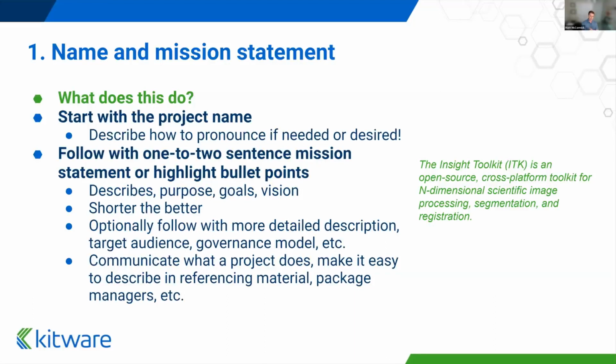Also, people trying to package it in package managers or reference it in a journal article will often use this one-line summary of the project, so put a lot of good thought into that. It's not uncommon to find projects where you dive into the README and have no idea what it does. You don't want that to be the case for your projects, so start off with a good summary of the project.